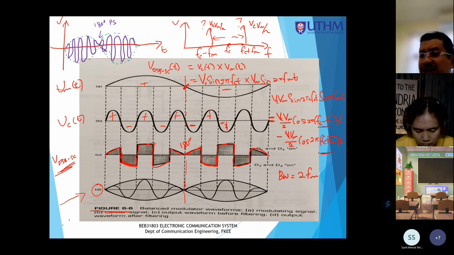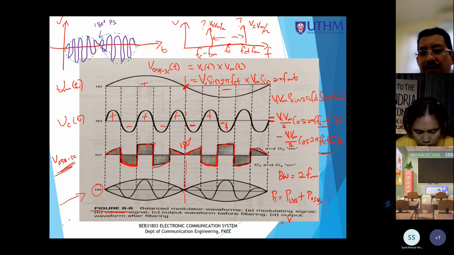Okay, macam mana pula dengan power? P total. So P total dalam kes ini bila kita lihat equations, kita nampak hanya ada dua komponen sahaja, yang mana dia adalah P LSB plus P USB. Macam mana nak kira power ini? So ini adalah persamaan power.